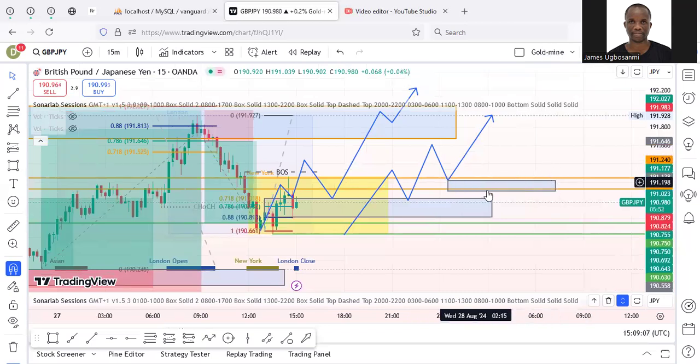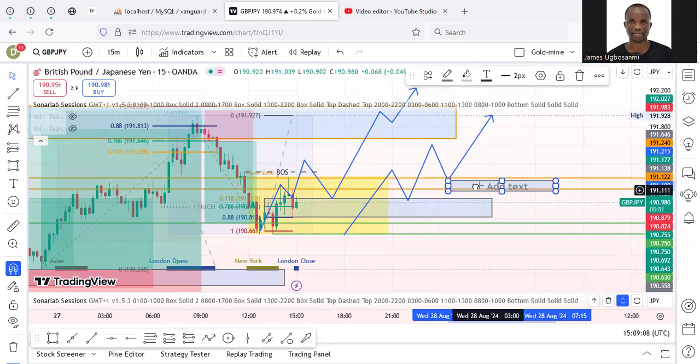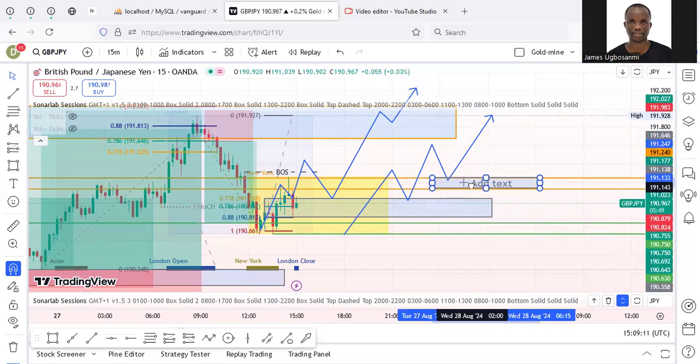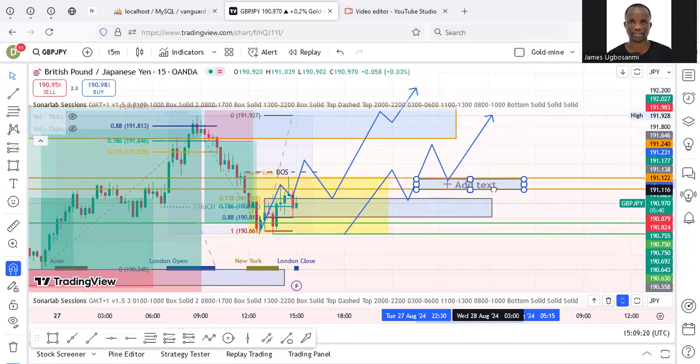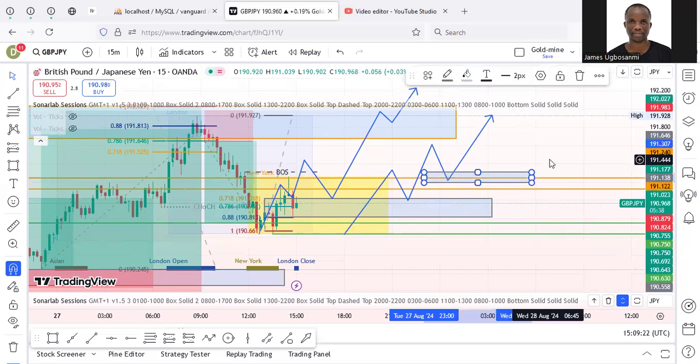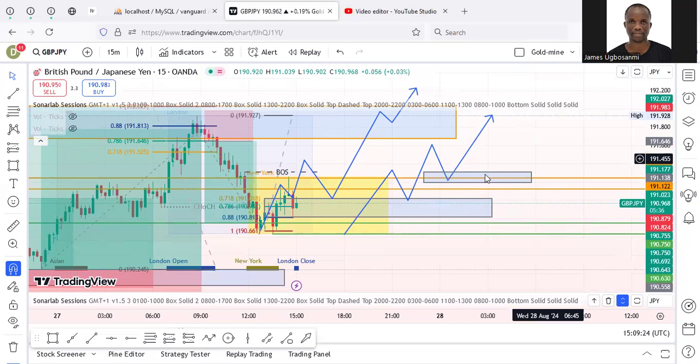We should take our buy around this region, so we want to take our position from this lower section of the market. That's just a theory behind it.